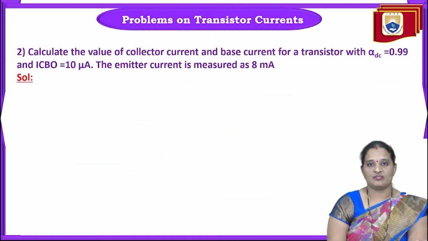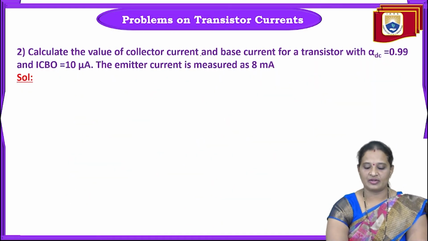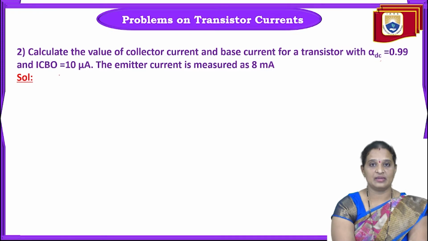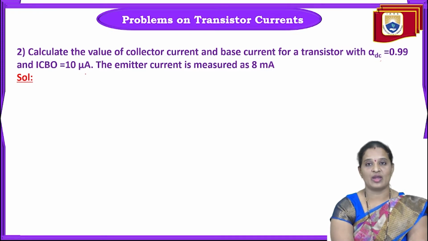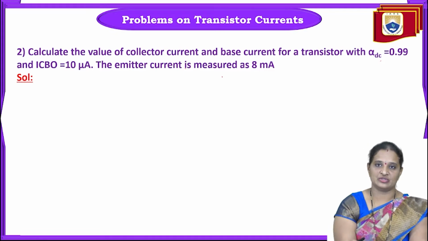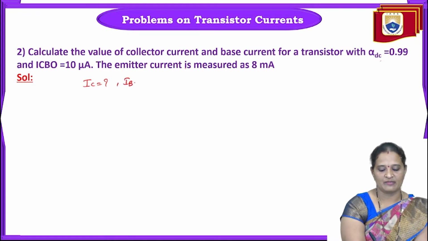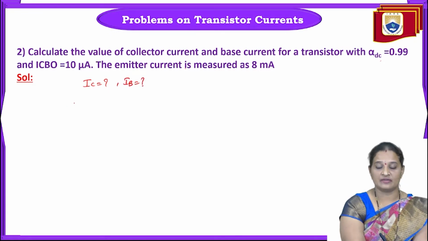Now coming to the second problem: calculate the value of collector current and base current for a transistor with alpha DC equal to 0.99 and ICB0 equal to 10 microamperes. The emitter current is measured as 8 milliamperes. What did he ask us to find? He asked us to find the IC value and also the IB value. What values are given?